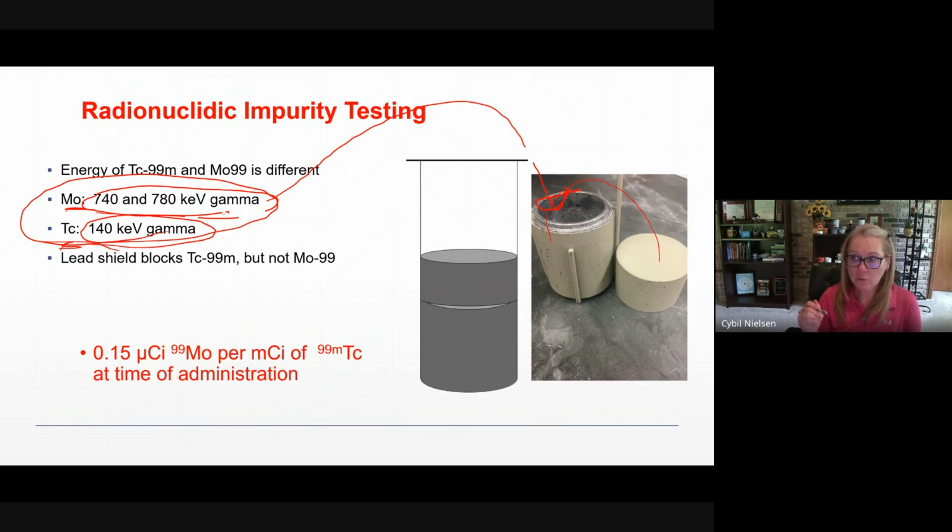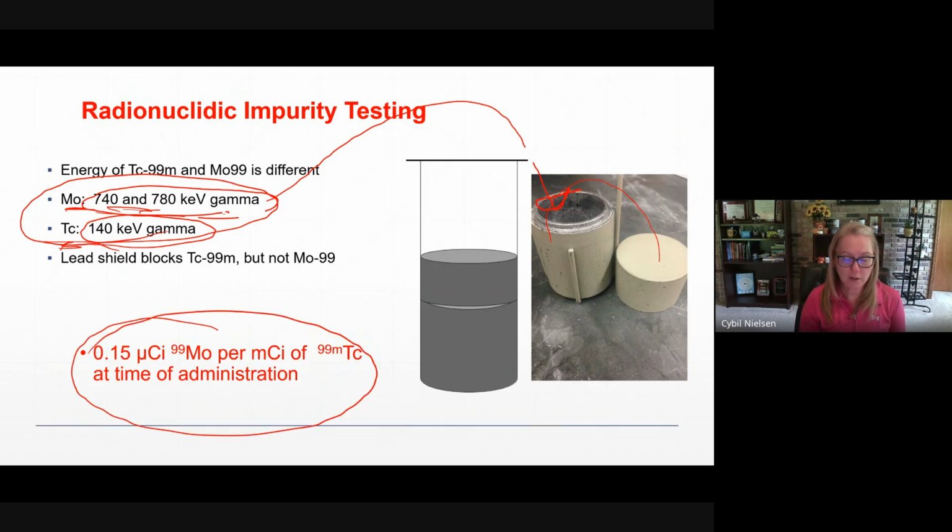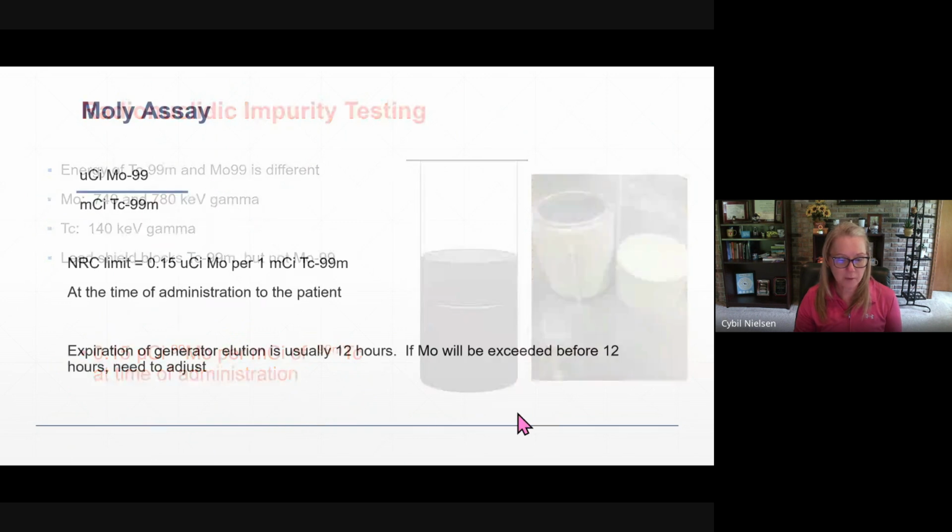The moly shield blocks the technetium. So all you get is the 740 and 780 keV gamma rays. That tells us how much moly there is. Then we take it out of the shield and measure how much technetium there is. We put it in this ratio, and make sure you have less than 0.15 microcuries of moly per millicurie of tech at the time of administration.